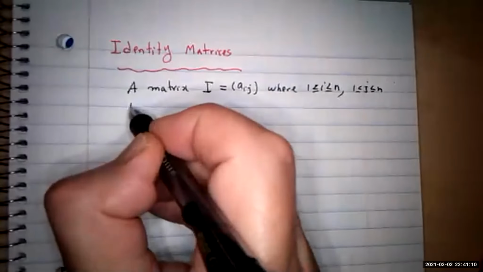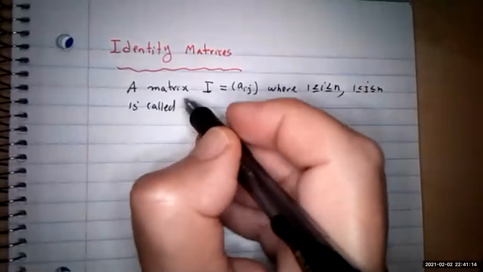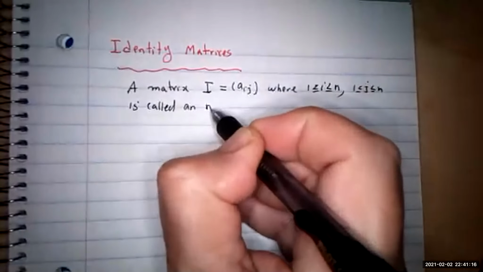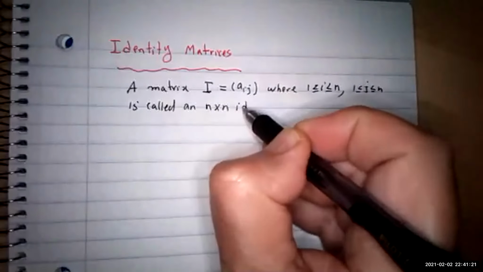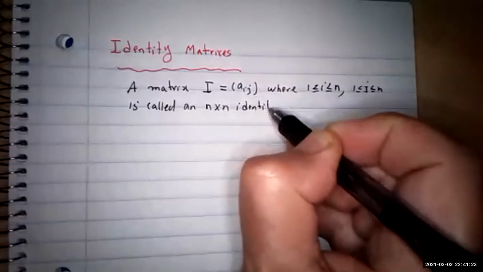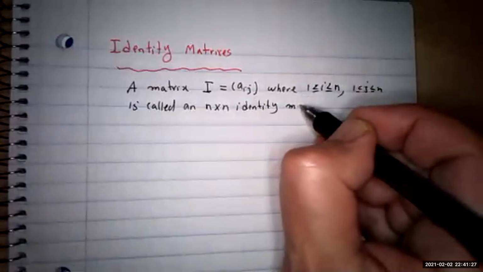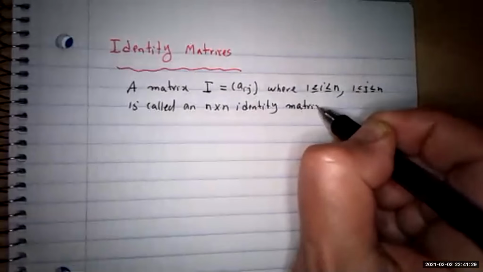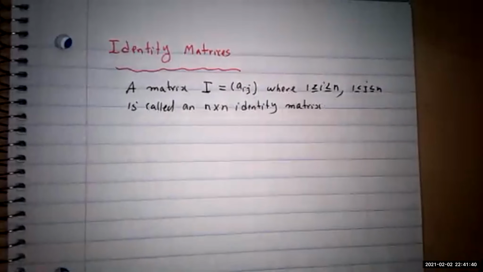It's going to be called an n by n identity matrix if all the entries on its main diagonal are 1, and everywhere else is 0.